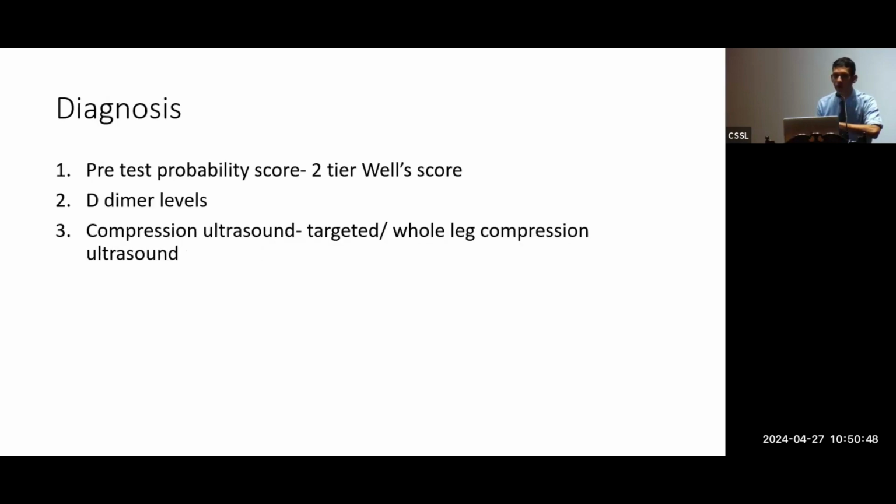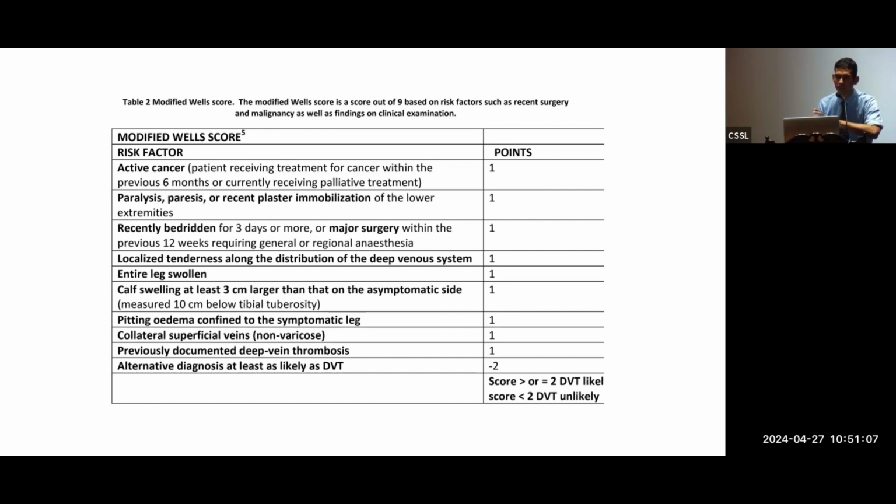So how do you diagnose deep vein thrombosis? There are 3 tools: pre-test probability scores, D-dimer levels, and compression ultrasound. The commonest pre-test probability score that we use now is the 2-tier Wells score. There is a 3-tier score as well, but there is no evidence that the 3-tier is better than the 2-tier one.